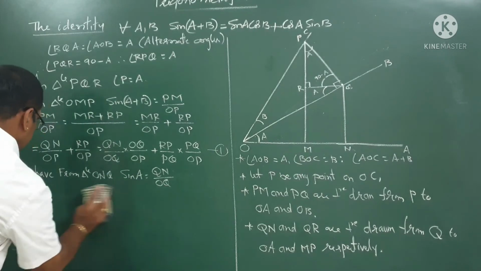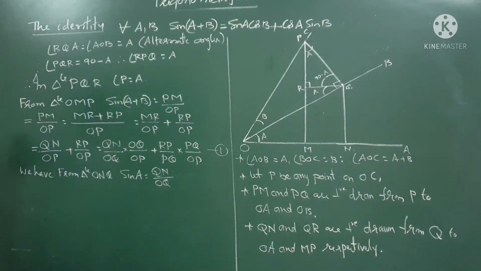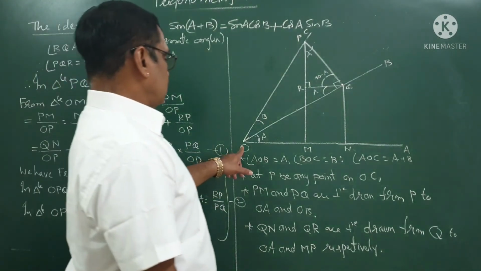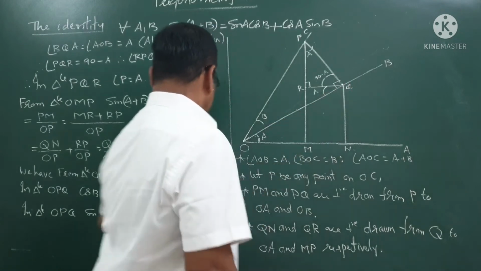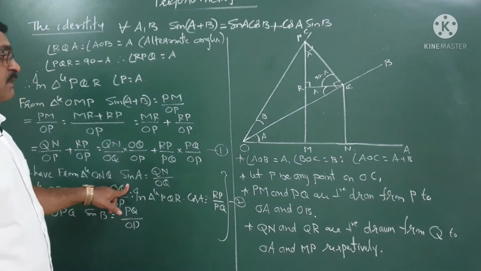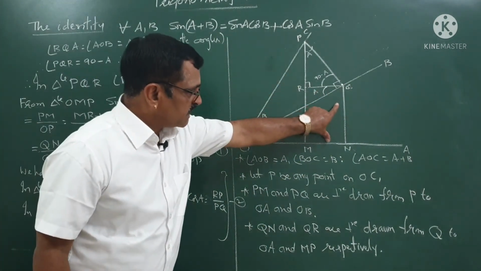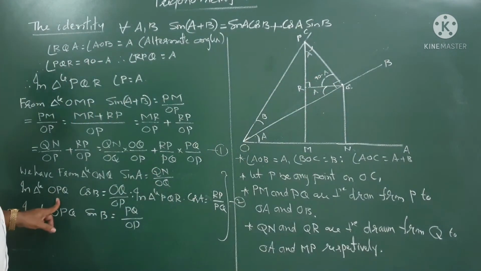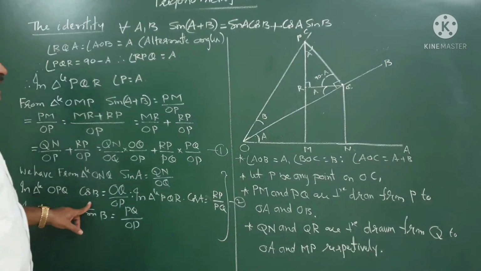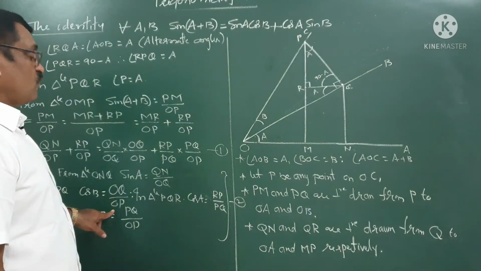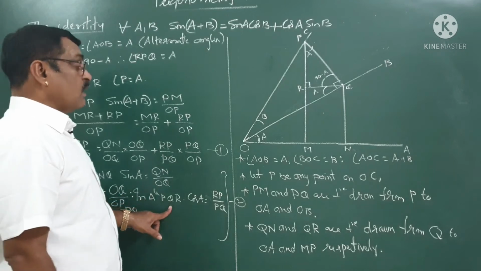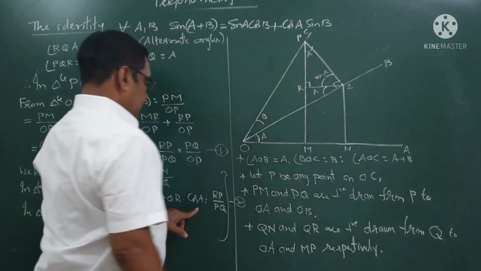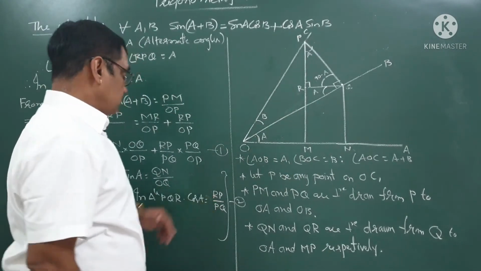In summary, from triangle ONQ, we have sin A is equal to QN, opposite side, by hypotenuse OQ. From triangle OPQ, cos B is equal to OQ by OP. From triangle PQR, cos A is equal to RP by PQ.